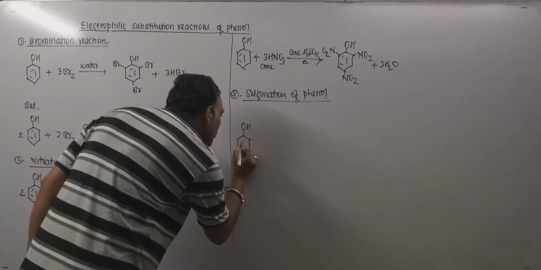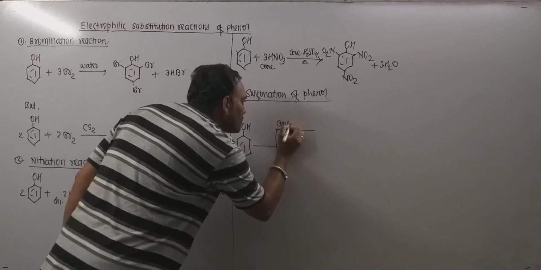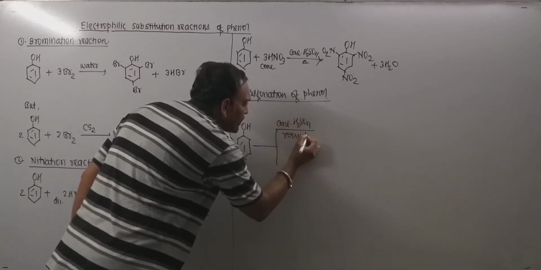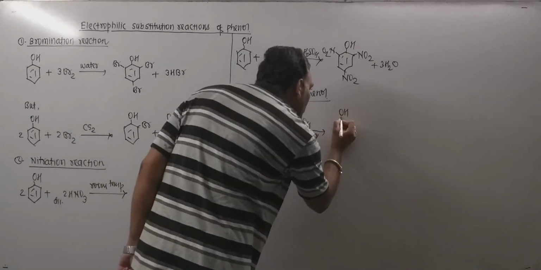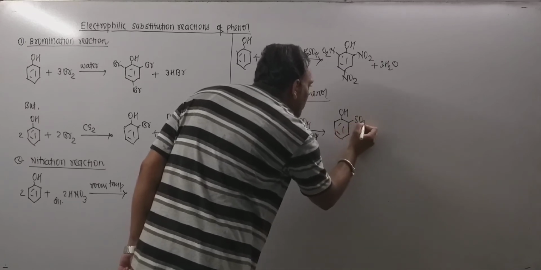Now when phenol is treated with concentrated sulfuric acid at room temperature, the ortho substituted product is predominantly obtained.